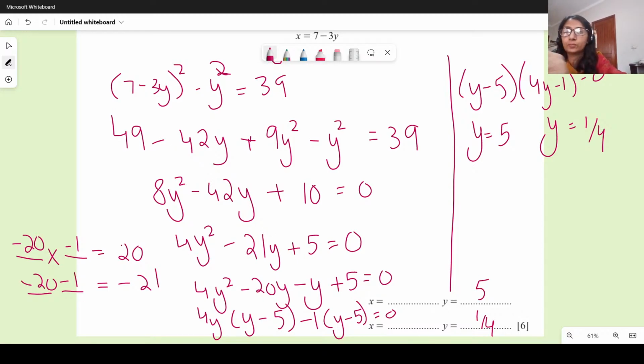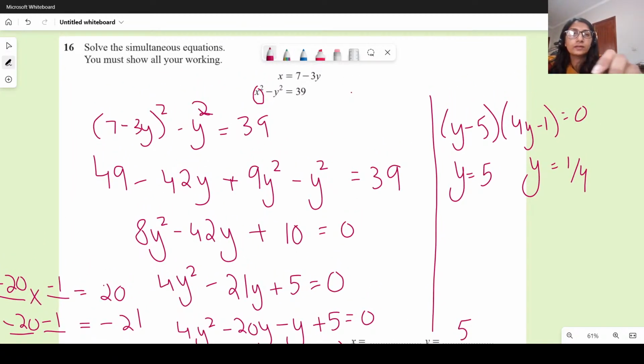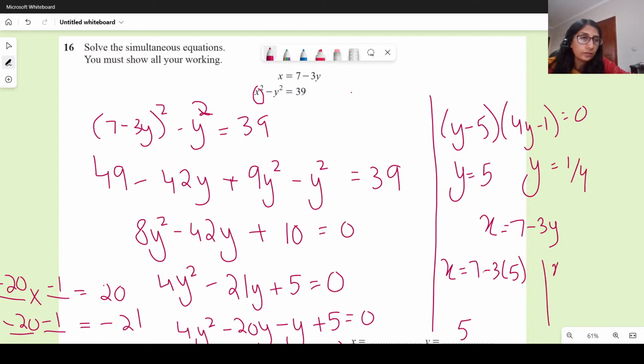Now I'll find the corresponding values of x. So x is 7 minus 3y. x equals 7 minus 3 times 5 and x equals 7 minus 3 times 1 by 4.